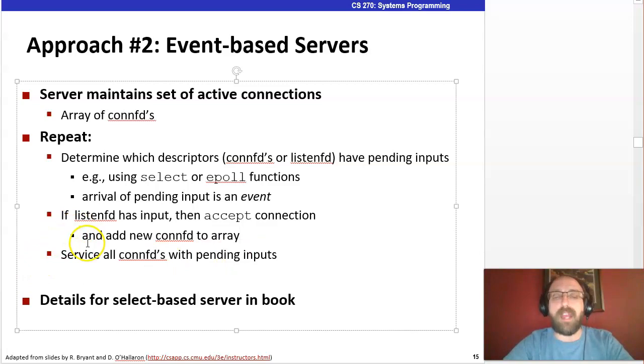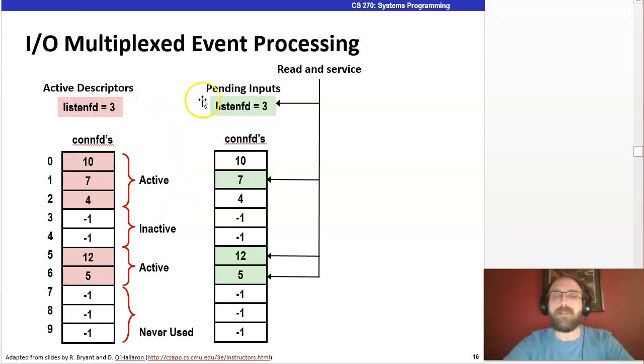If it was a connected file descriptor that had something happening, then we'll call a function or do something to handle that. So that would be a message coming in. If it's the Echo server, for example, we would reply to that message by writing out a response on the same file descriptor.